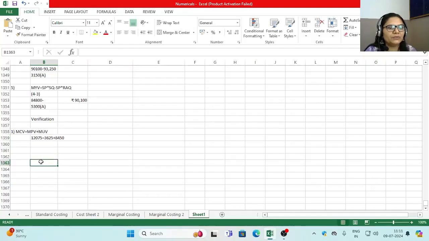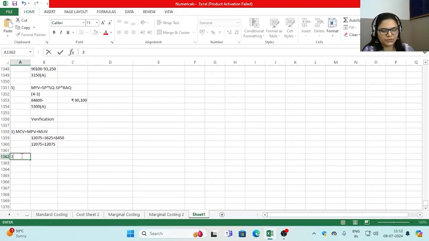So the left hand side and right hand side will come out to be 12,075 is equal to 12,075. So this is material cost variance equals material price variance plus material usage variance.